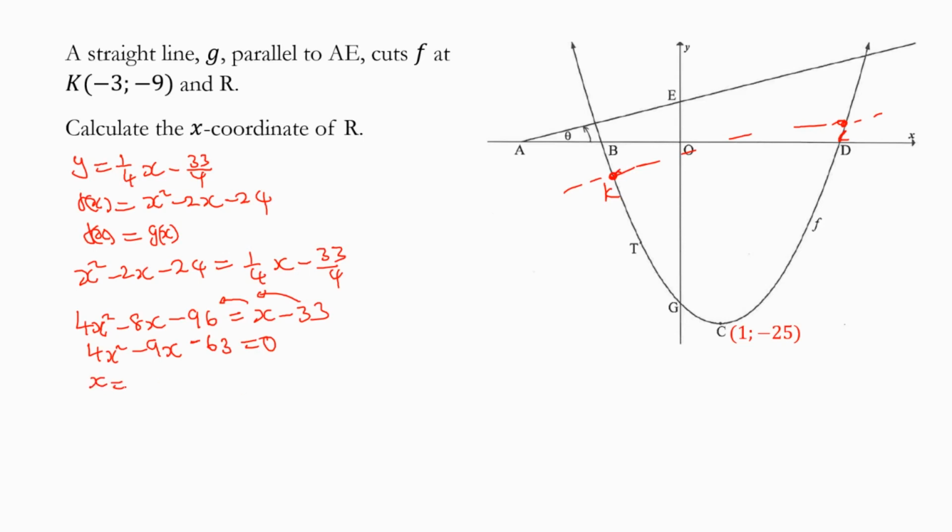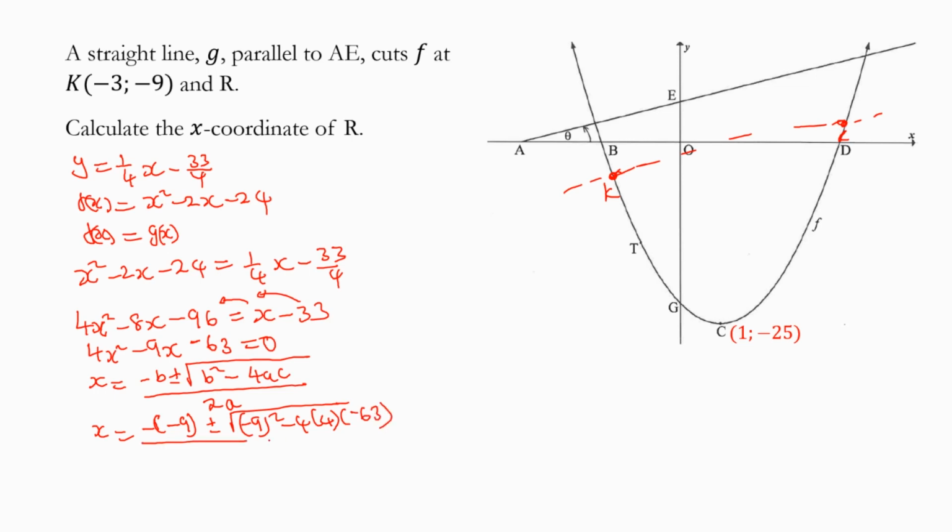Remember, x is equal to negative b plus or minus the square root of b squared minus 4ac, all over 2a. Then we substitute: x is equal to negative minus 9, so 9, plus or minus the square root of negative 9 squared minus 4, then a is 4, c is negative 63, all over 2a, which is 2 times 4.